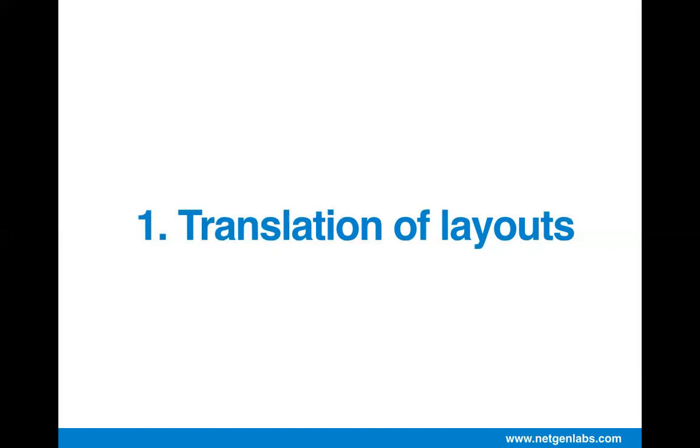For example, if we have a layout that is almost the same in all languages, and just the titles, labels and some text are different, so far we would need to duplicate it and map it to a specific language URL.